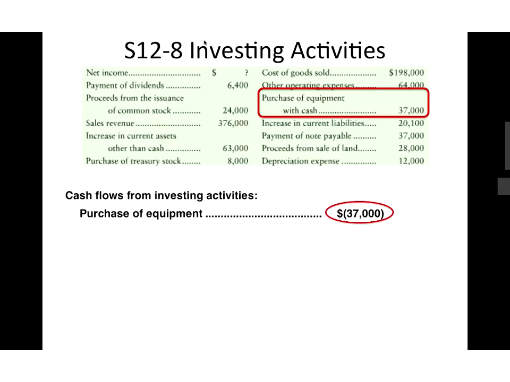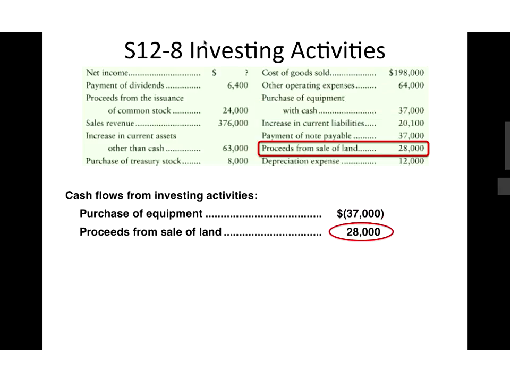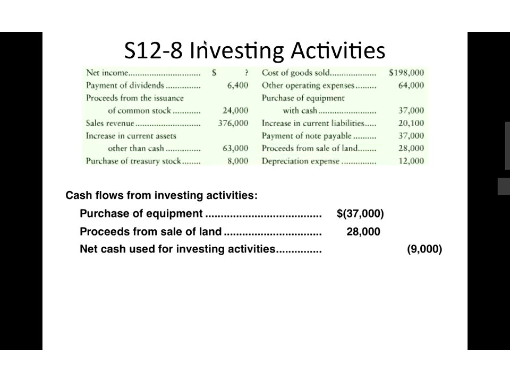The next item down in the table that I see related to investing activities, proceeds from sale of land, 28,000, and that's positive. I've sold land, so I'm getting cash in. So in total, then, my net cash used for investing activities, see how I'm saying used for because it's negative?